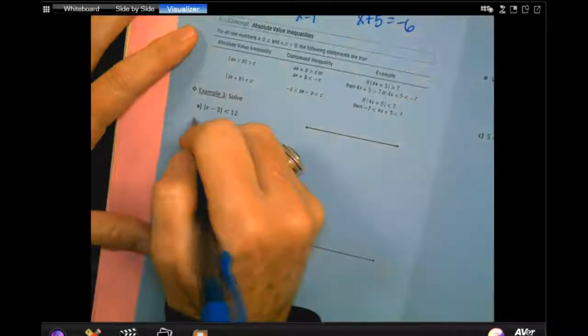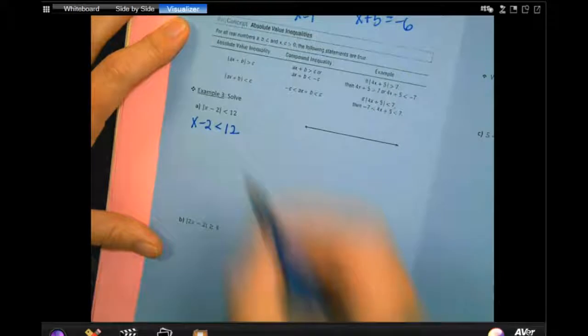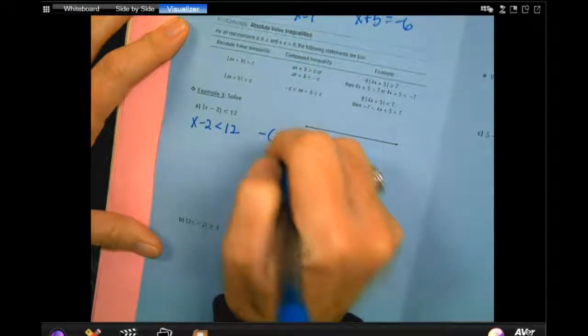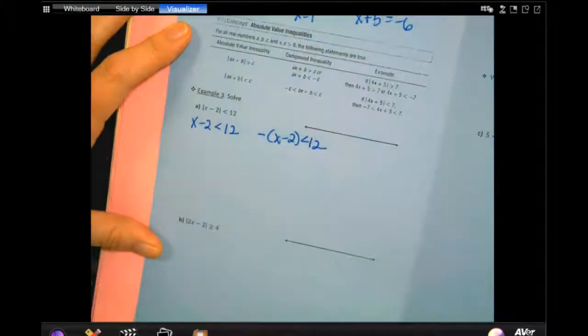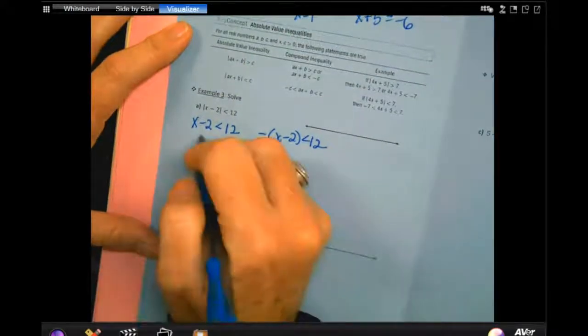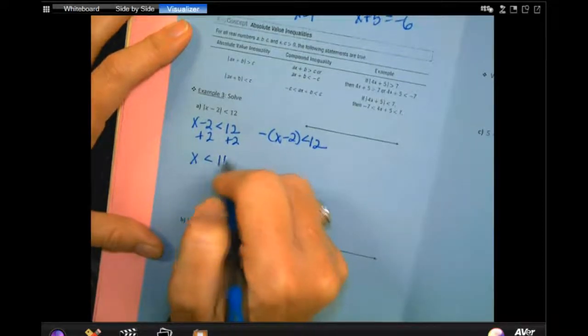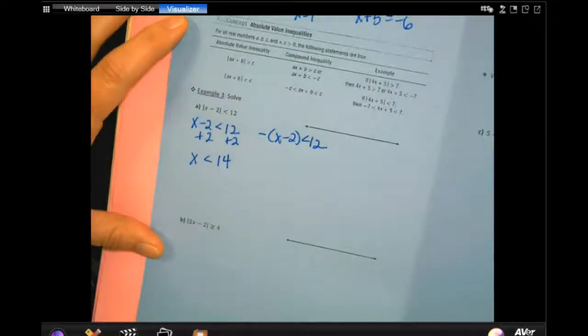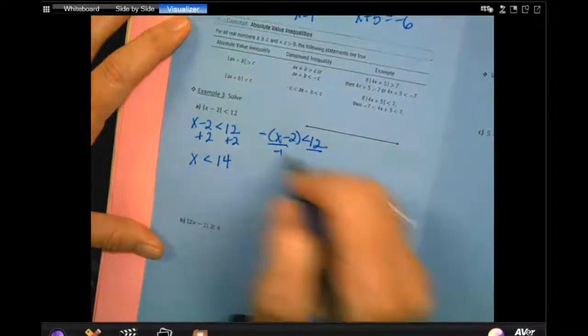So let's see. So I get x minus 2 is less than 12. And then I get my negative equation. So when I add 2, I'm going to get x is less than 14. And then on this side, I'm going to divide by -1.